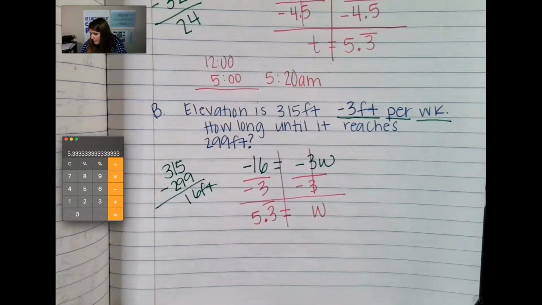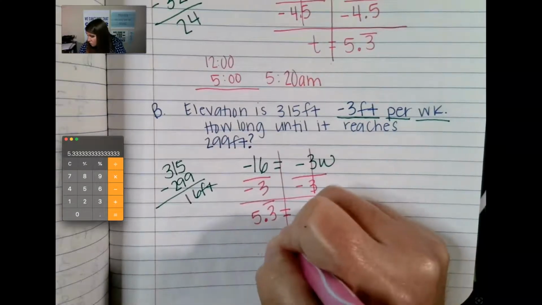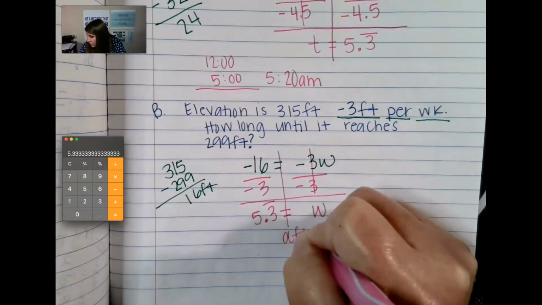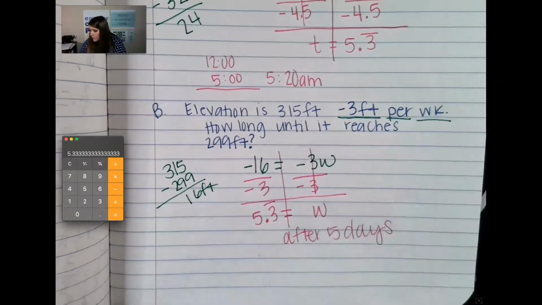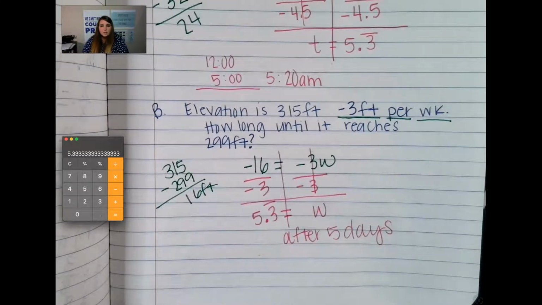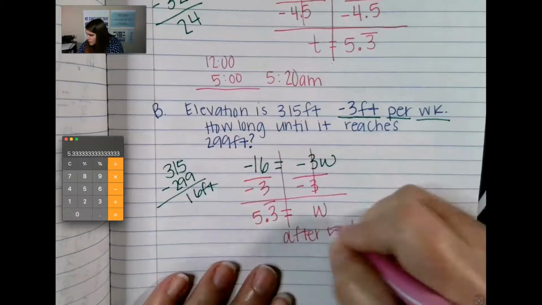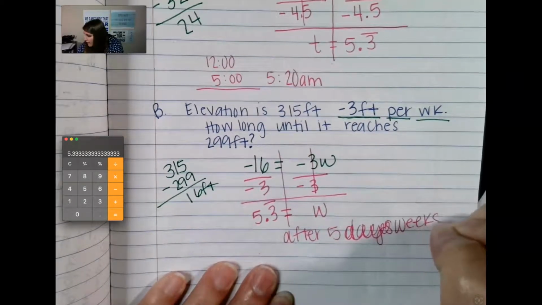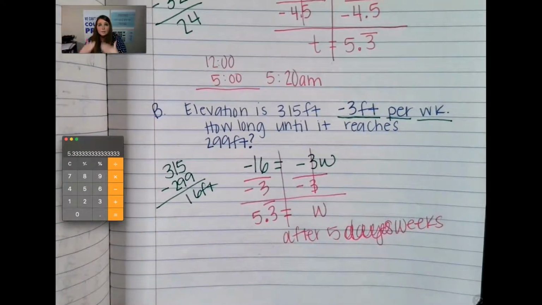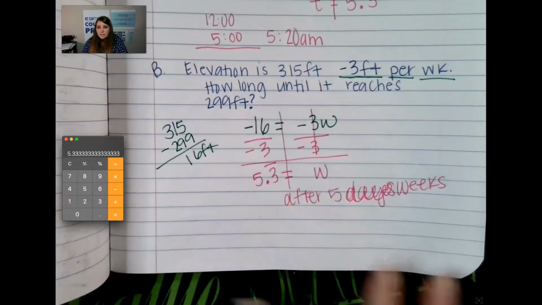So we can just round it and say after 5 days. Weeks. After 5 weeks, not days. Oops, weeks. That's what the W stood for. So after 5 weeks, it would have gone down 299 feet.